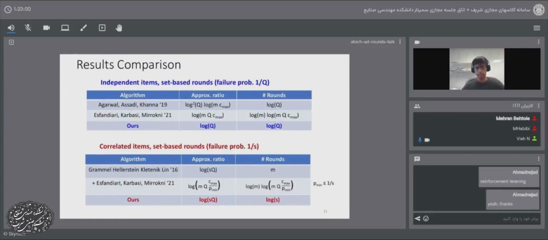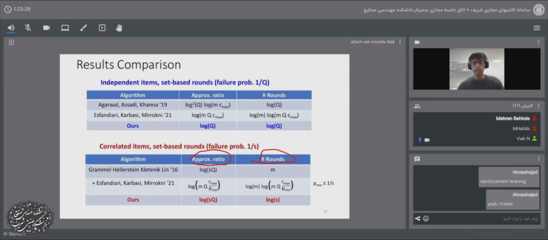In the correlated setting, we have this result of Grammel and others. Once again, the three columns are the same. The first column is the algorithm, the second one is the approximation ratio, and the third one is the number of adaptive rounds. The earlier paper of Grammel and others gets a logarithmic approximation, but the number of rounds is unbounded, or equal to the number of items.